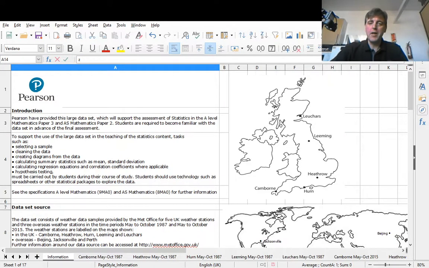And as I said, the idea here is that throughout the course you will be doing a bit of work with this large data set, and that's the way to become familiar with the data. So for now, I wouldn't spend a lot of time or worry too much about trying to learn and memorize all of these bits of data. As you come to do the investigations and the analysis throughout the course, you'll get to learn them then.